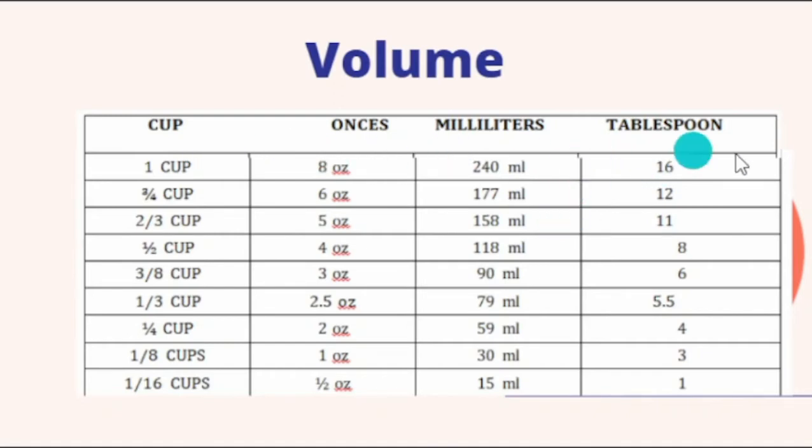And if we're going to talk about tablespoon, 1 cup is 16, so it means 2 cups, 2 multiplied by 16, we will have 32 tablespoons. Okay, and when we're going to talk about water, 2 cups multiplied by 16 is 32 tablespoons of water.